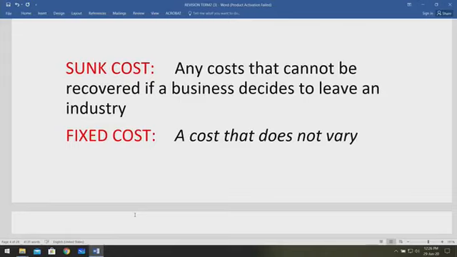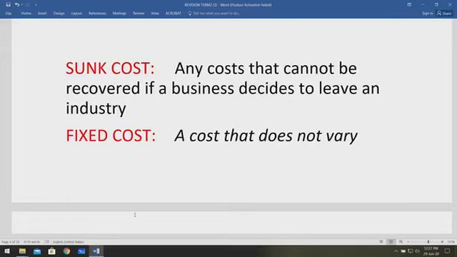The most common example that people use is rent, and they forget about things like insurance, which is another example of a fixed cost, particularly short-term insurance. If you take out insurance on your vehicles, that will be a fixed cost that you have to pay, irrespective of whether you're driving around with a vehicle or not.